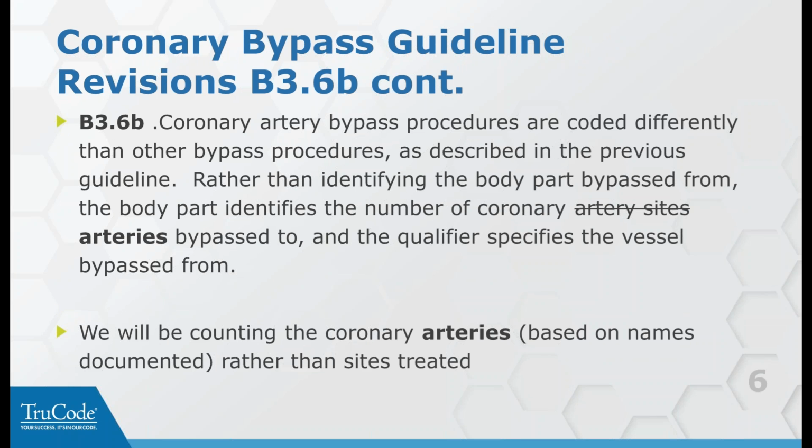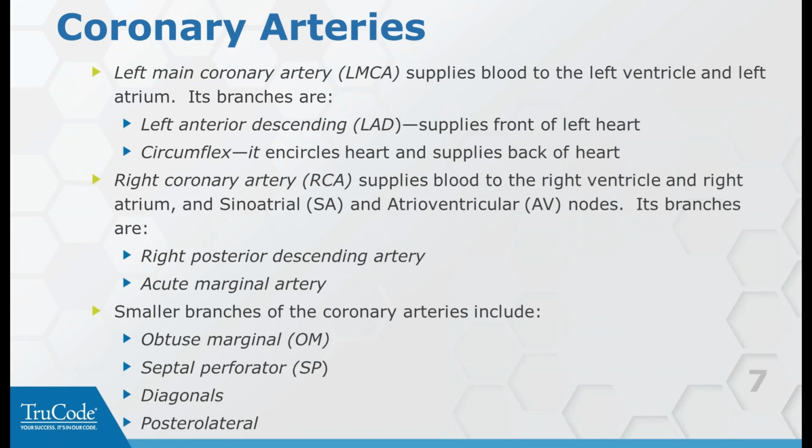So basically what they have done here with this guideline is to talk about the difference between coronary artery bypass procedures as opposed to other bypass procedures, and that rather than identifying the body part bypassed from, the body part identifies the number of coronary arteries that were bypassed to, and the qualifier specifies the vessel bypassed from. We will be counting the coronary arteries based on the names documented in the operative report rather than sites treated. This slide lists all the coronary arteries, the main ones, as well as all the smaller branches. So make yourself familiar with these if you happen to be coding CABG procedures for a facility.